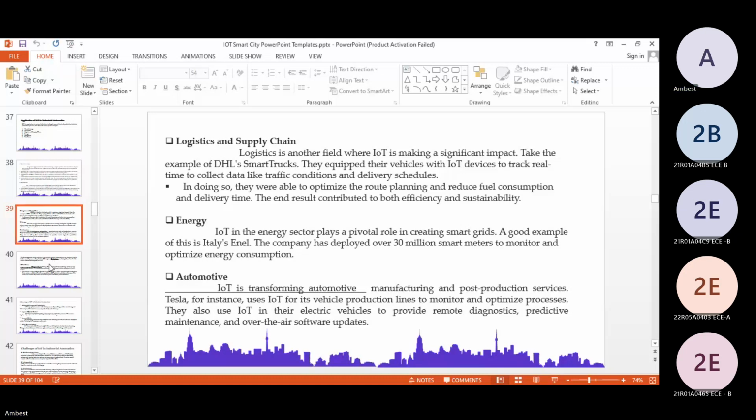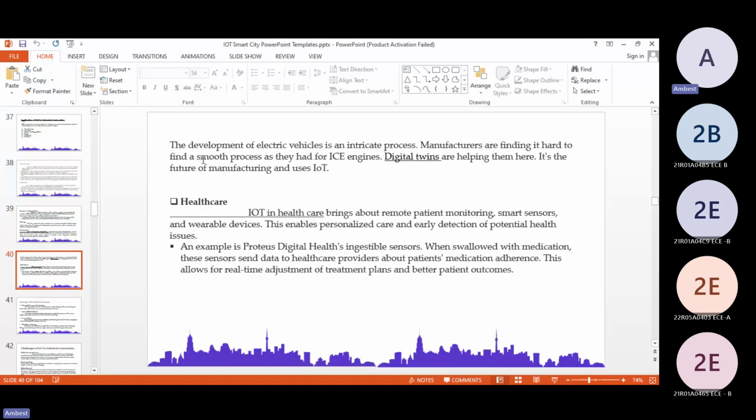The next thing is that the development of electric vehicles is an intricate process. Manufacturers find it hard to get the smooth process they had with ICE engines. Digital twins are helping them there.